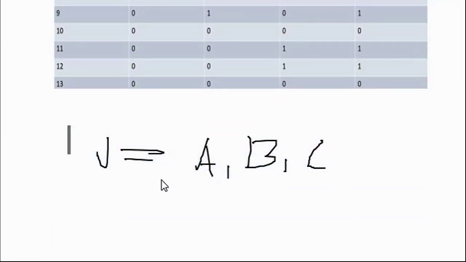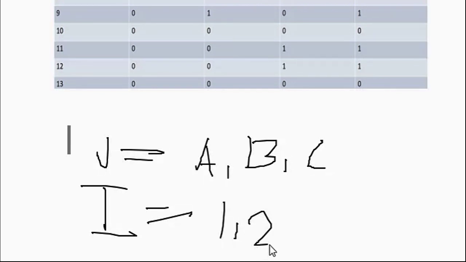This is one variable, and another decision variable is the I here. The I's here are 1, 2, 3, up to 13. So our demand nodes here are 1 to 13.